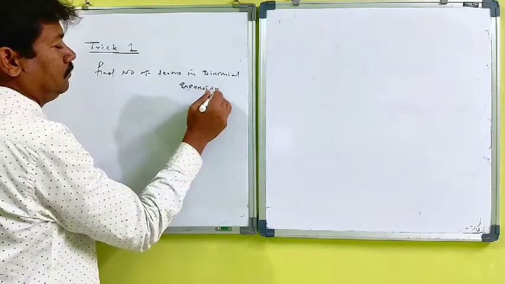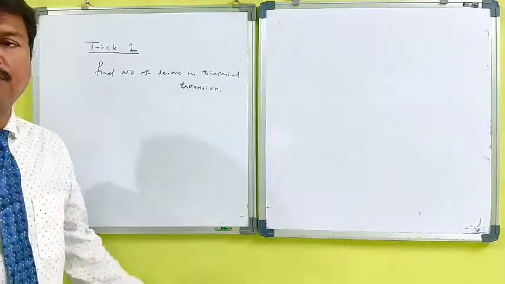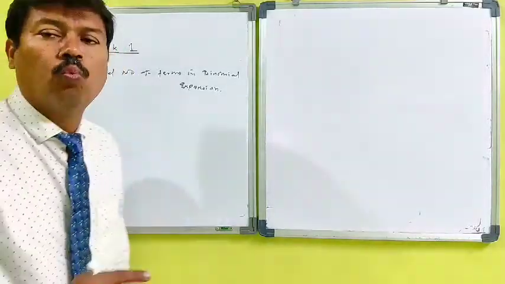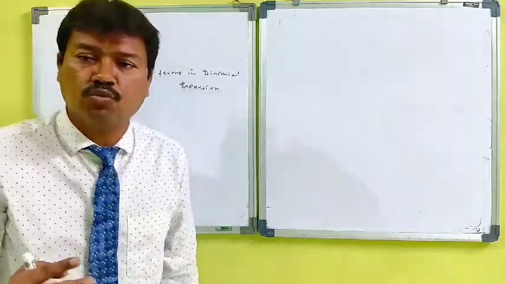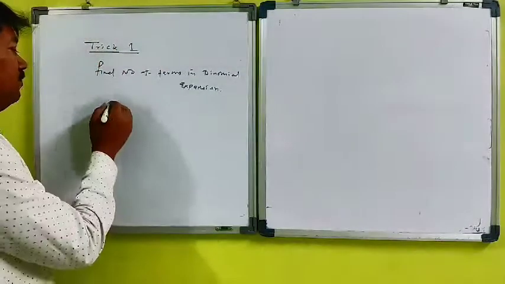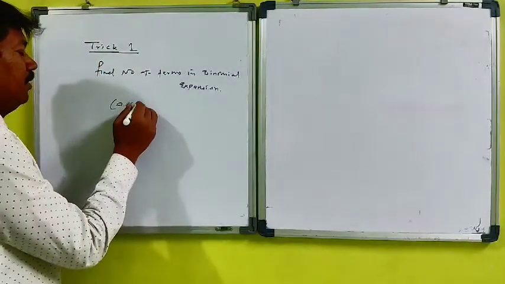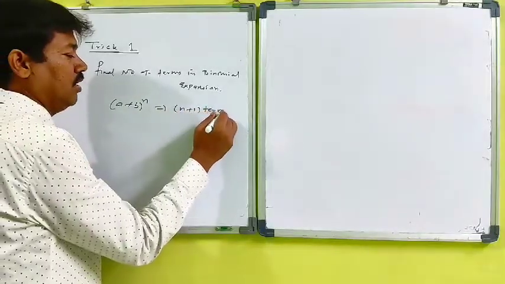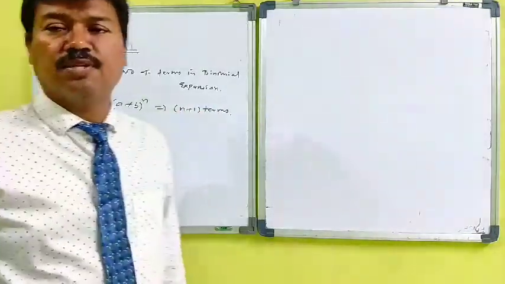Generally it is very simple. The number of terms in a binomial expansion is always n plus 1, that we know. When there are two binomial terms, a plus b raised to n, then there are n plus 1 terms.